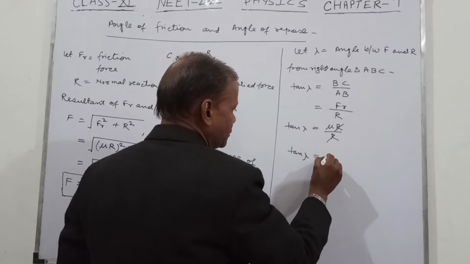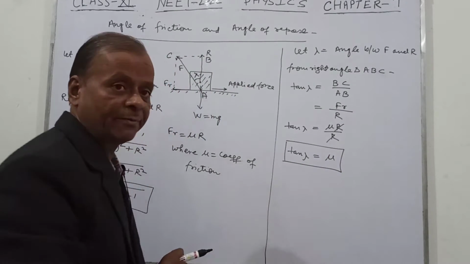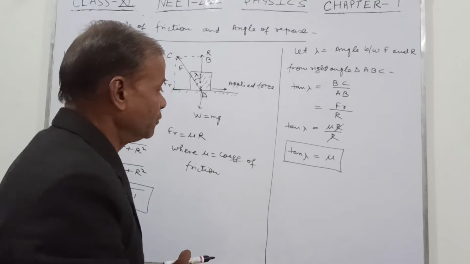So tan lambda is equal to mu. Now this lambda is called the angle of friction.